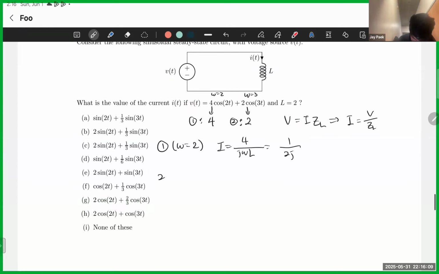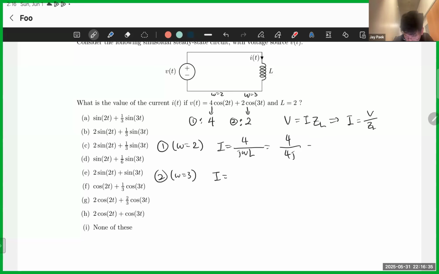And then our second current, omega equals 3, I is equal to, hold on, sorry, what in the world did I just do? I just canceled nothing out for no reason. Yeah, sorry. 4 over 4j, which is equal to 1 over j.